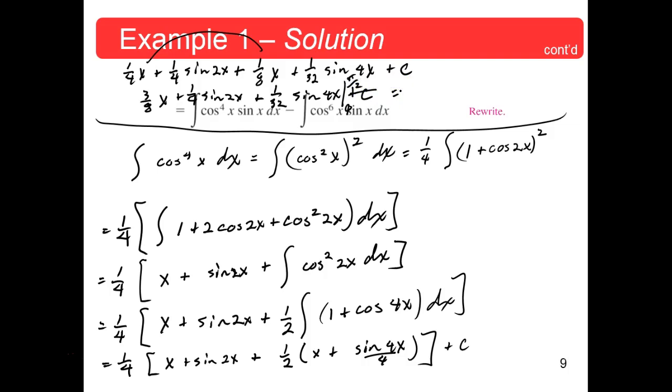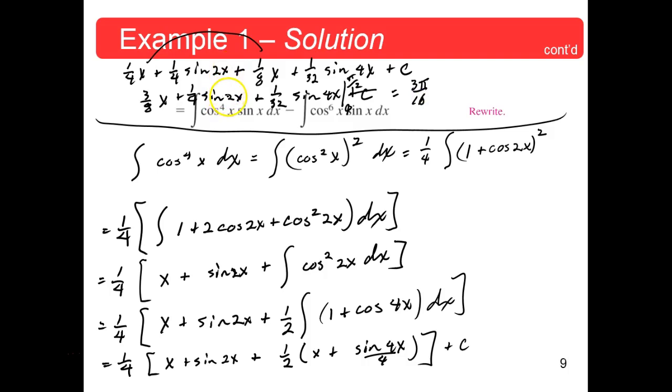Why they did that, I'm not sure, but they did. All right, when you put a pi halves in, 3/8 of pi halves will be 3/16 pi. Right? Believe it or not, that's the hard part.